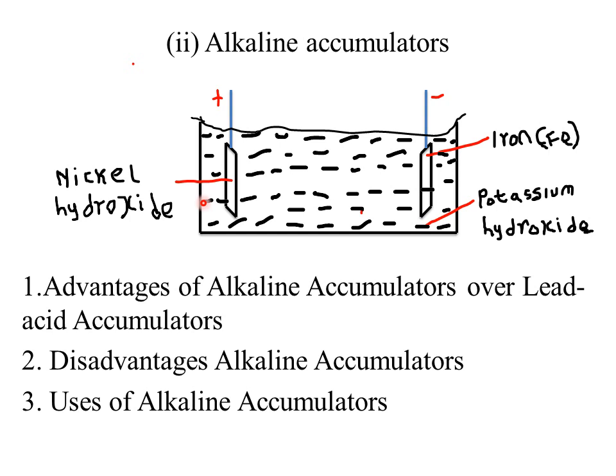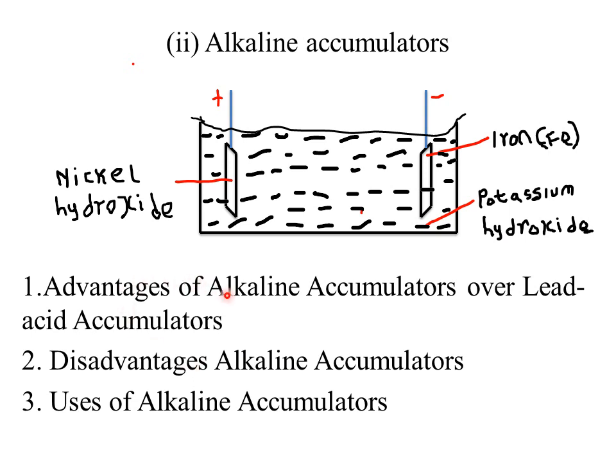The most important thing to know here is that our positive terminal, or the anode, is the nickel hydroxide. The negative terminal, the cathode, is the iron. Then the electrolyte is our potassium hydroxide.